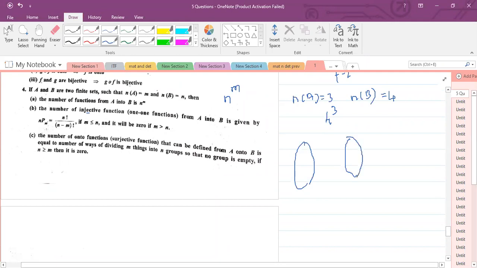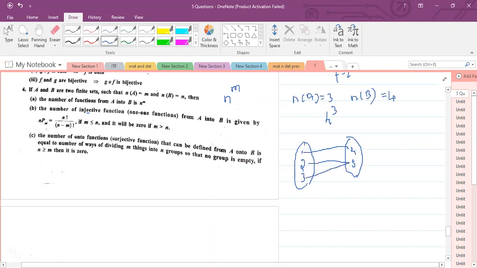See here. m is the number of elements in A. Suppose A contains 1, 2, 3. Suppose m is greater than n, and here I have only 4 and 5. Then 1 goes to 4, 2 goes to 5. But to be a function, this 3 should be associated with 4 or 5.